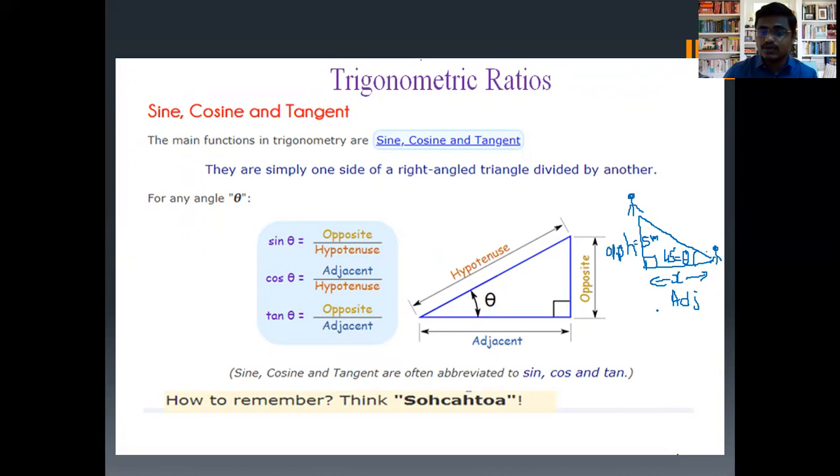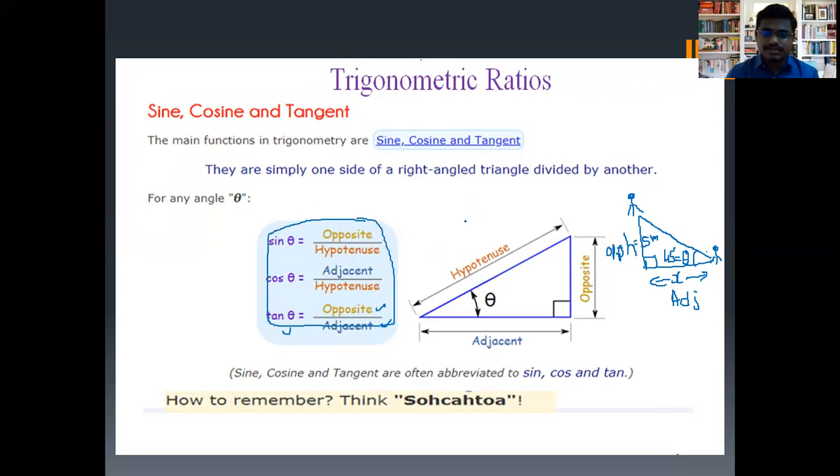For that, what rule is going to be applicable? Yes, if you observe, the ratio that deals with the opposite and adjacent is tan, right? Correct. So depending upon the application, we use different ratios here.